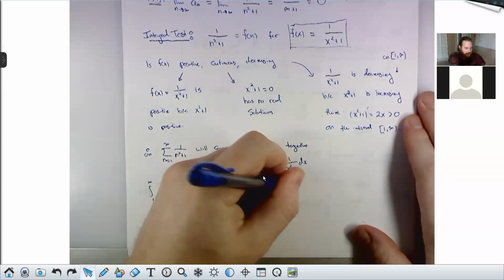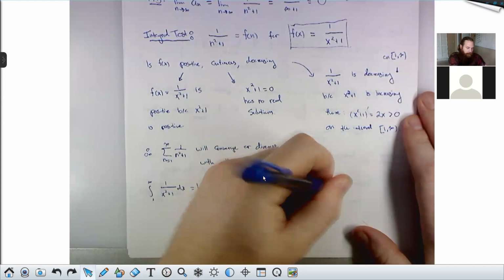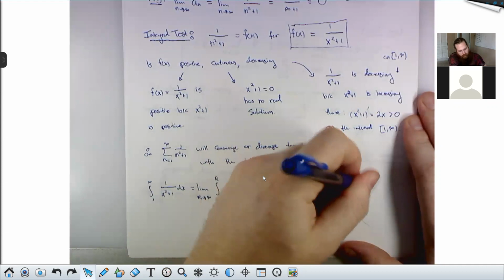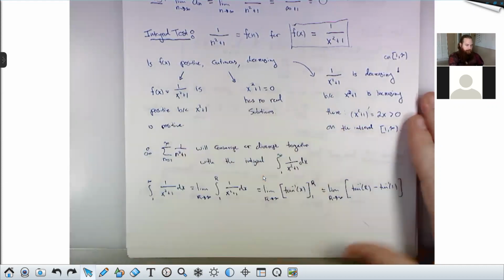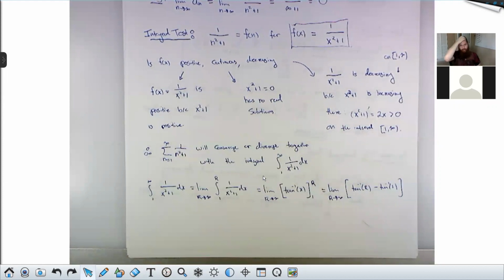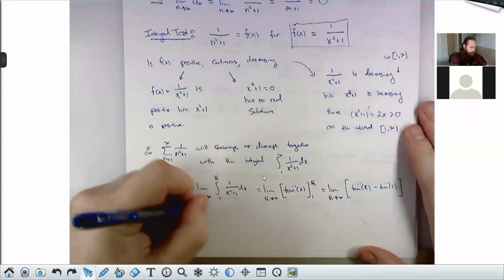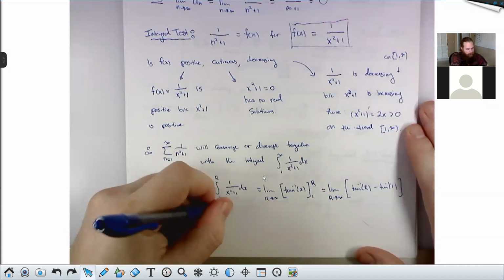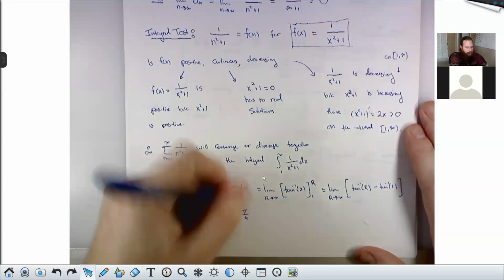So this is the inverse tangent of x evaluated from 1 to r, which is the limit as r goes to infinity of arctan r minus arctan 1. And as r goes to infinity, arctan r goes to pi over 2, and the arctan of 1 is pi over 4. Pi over 2 minus pi over 4 is pi over 4.